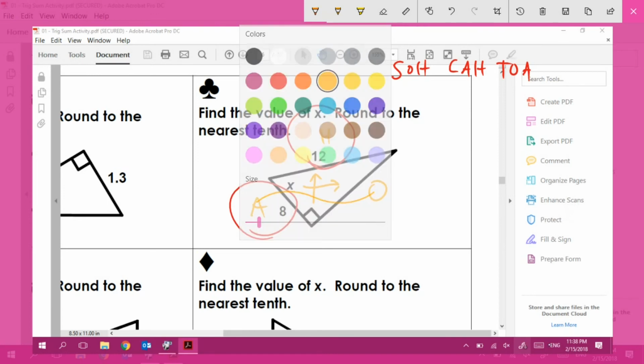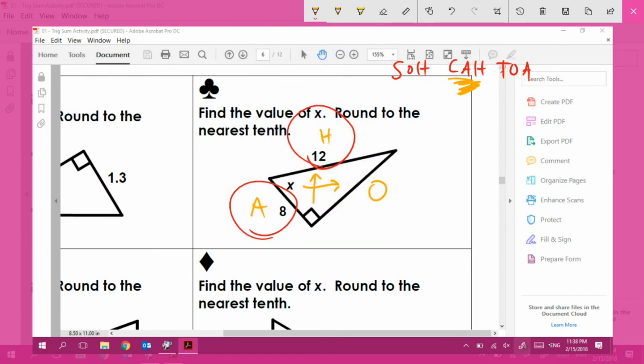Which one of the functions uses adjacent and hypotenuse? That's going to be the CAH in SOHCAHTOA, which means cosine. So it's going to be cosine of x, because we don't know what the degrees are, equals adjacent 8 over the hypotenuse, which is 12. Now we just want to get rid of the cosine that's attached to the x, so we're going to take the inverse cosine of both sides.